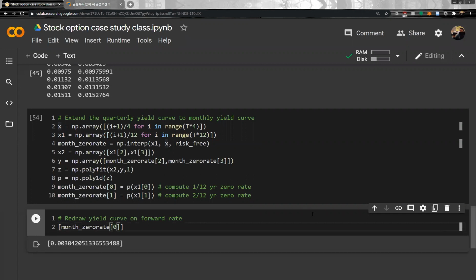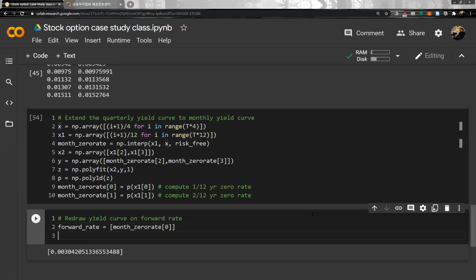So let's fill the first one in the forward rate. For the initial rate, the very first rate, the forward rate and the spot rate are the same. So this is the forward rate for the same one. It is the same, but from the next month it is different.